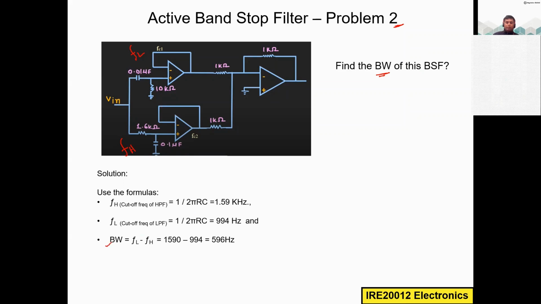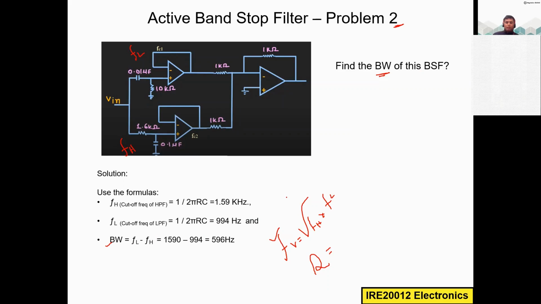That is the bandwidth. So now if I ask you to also find the resonant frequency, then you have to use these two values and then find the resonant frequency. And also if you get a question about finding quality factor Q, then you have to find the quality factor based on this FR value and the bandwidth.